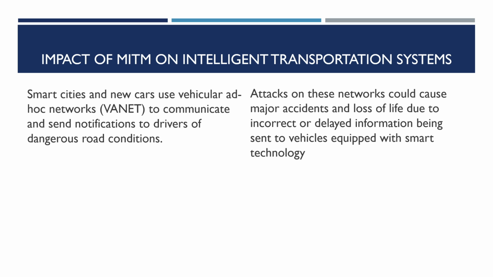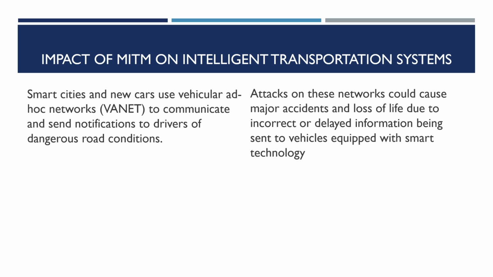They use devices called RSUs that are strategically placed around the city to notify drivers of potentially hazardous road conditions, accidents, and things of that nature. The networks they use are called vehicular ad hoc networks, or VANET, to communicate those notifications to the drivers.